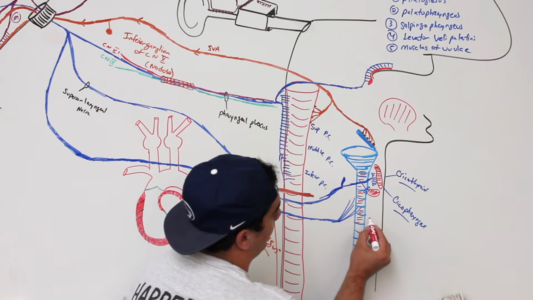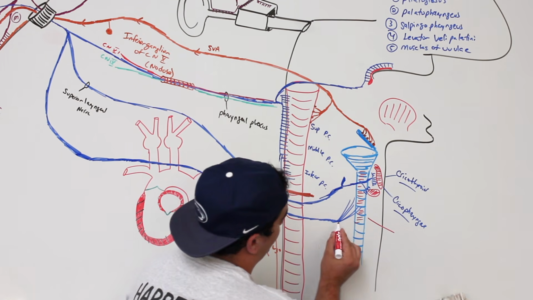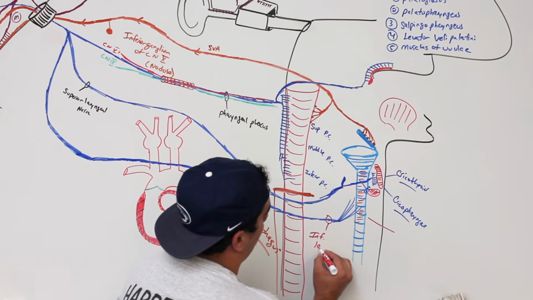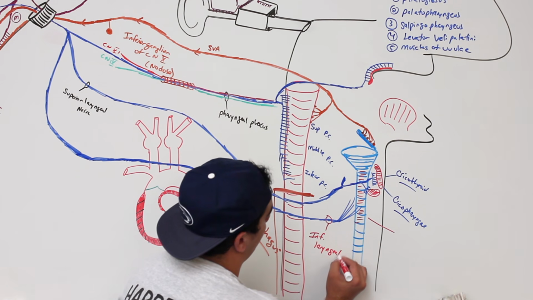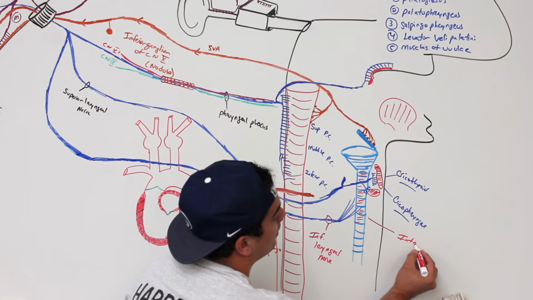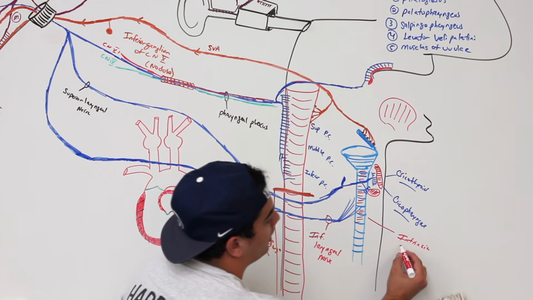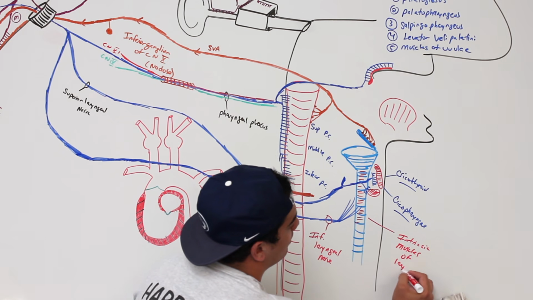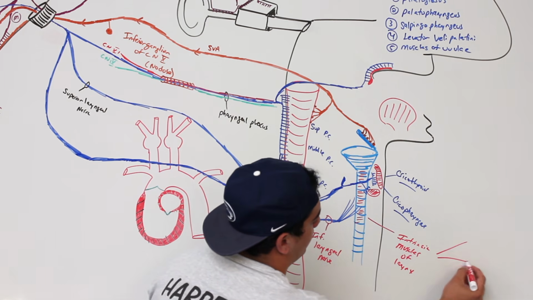So what is it going to supply here? What is this nerve here called? It's called the inferior laryngeal nerve. It's going to supply the intrinsic muscles of the larynx. Like what? Oh my goodness, there's so many of these.